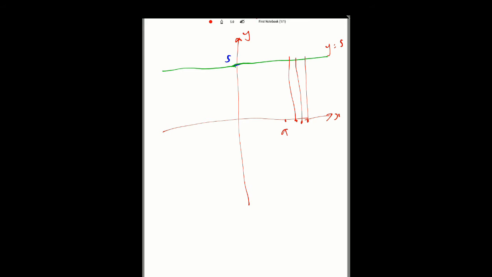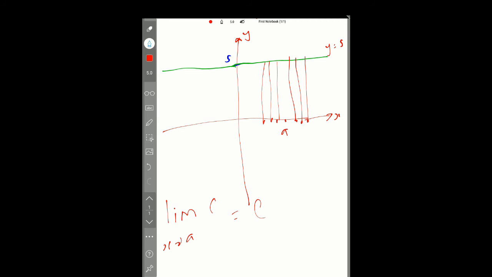And it's the same for those values approaching a from the left. They have nowhere else to go. Their corresponding f of x values have nowhere else to go but the same place, 5. And so that is why we come to the conclusion that the limit of a constant as x approaches any number a is that very same constant.